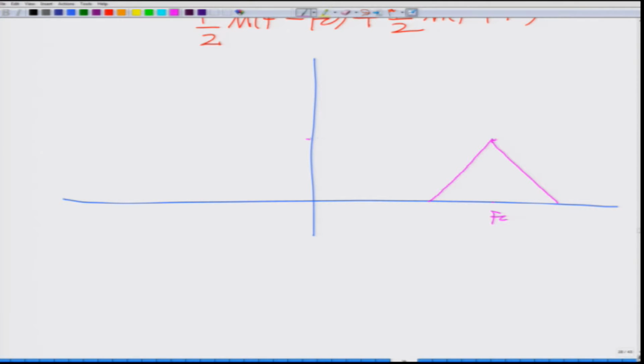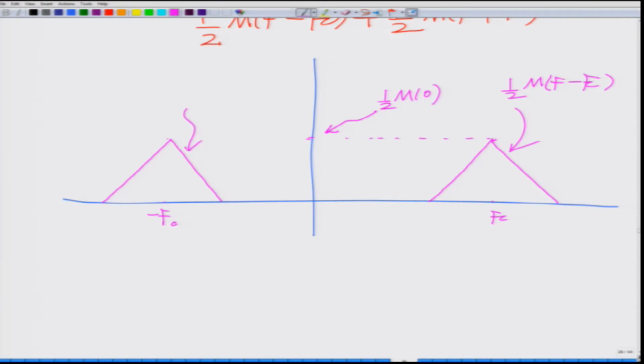So, this height here is going to be half of M0, and symmetrically on this side, you will have half M(f plus fc), that is shifted to minus fc.